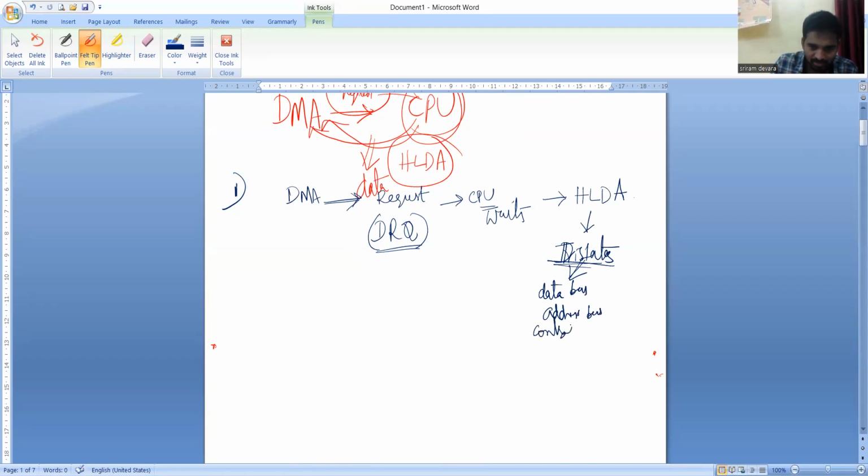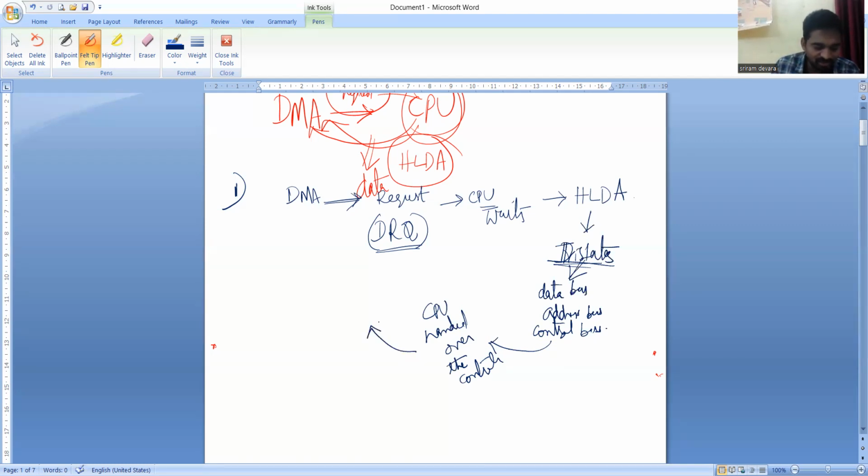All these buses are tri-stated. Then the CPU leaves the control. The CPU hands over the control over the buses, and acknowledges the hold request through the HLDA signal, handing over to the DMA controller.